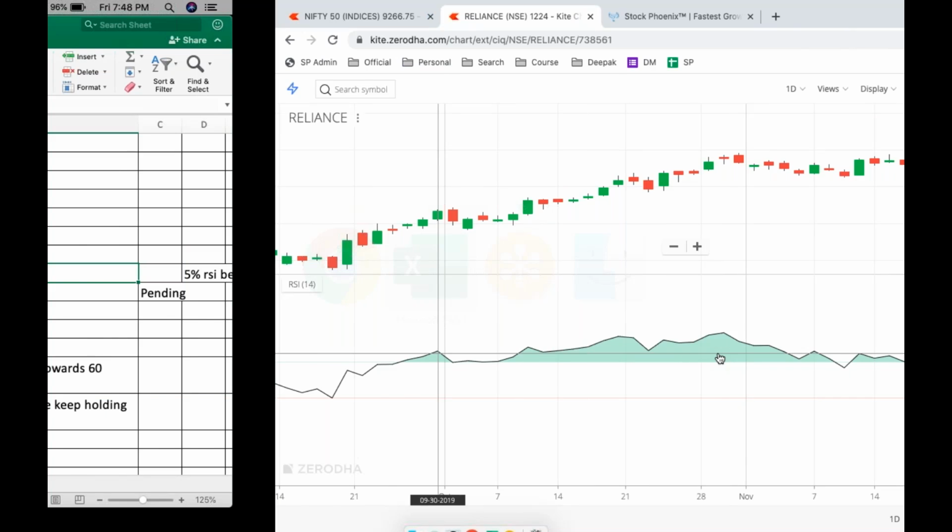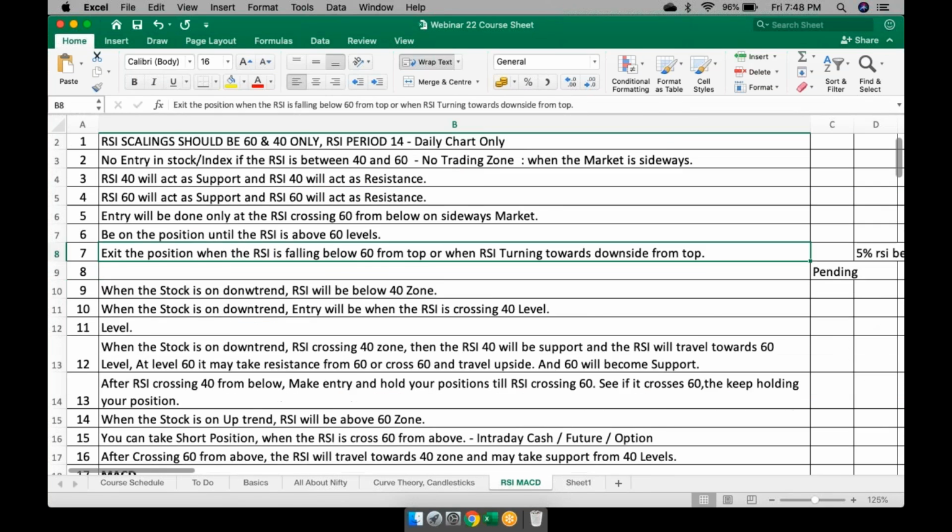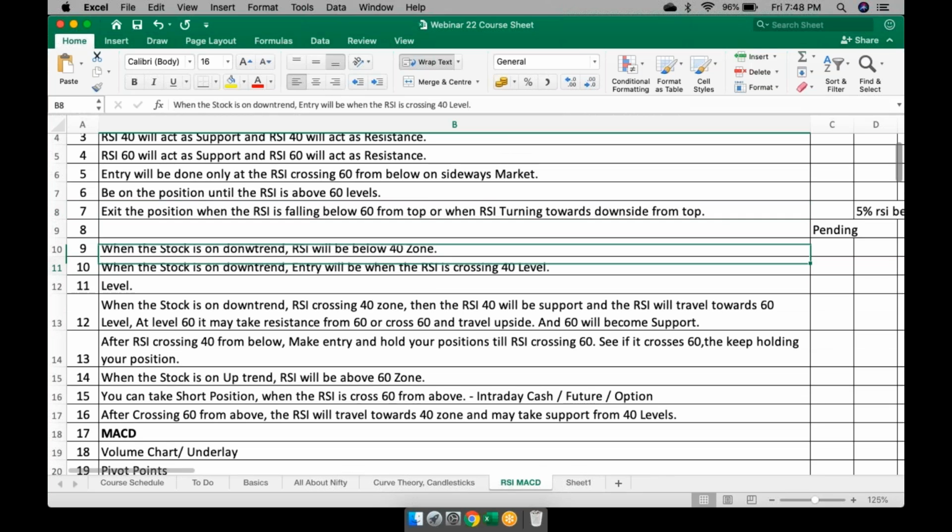So next. When the stock is on downtrend, RSI will be below 40 zones. When the stock is on downtrend, entry will be RSI crossing the 40 levels. Just a minute, some confusion here.